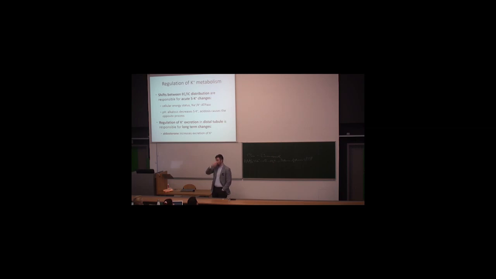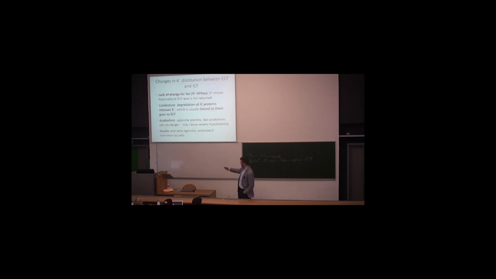You do the anabolism, that means you can produce the proteins, and typically catabolism leads to accumulation of acid, so in anabolism you lose the acid. So if you force the body into the anabolic state by insulin and glucose, this will lead to the movement of the potassium inside the cell. Since this is the opponent of catabolism, of acidosis, and of lack of energy, since insulin is the anabolic hormone.